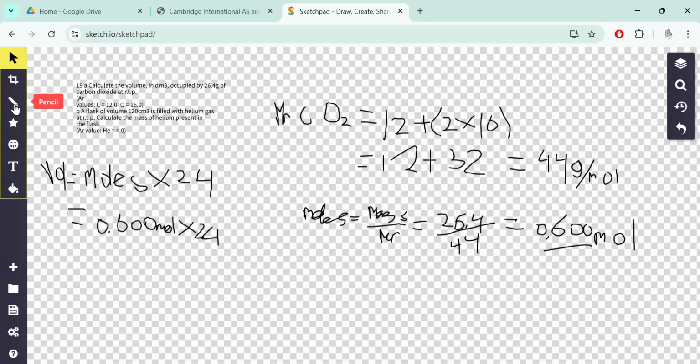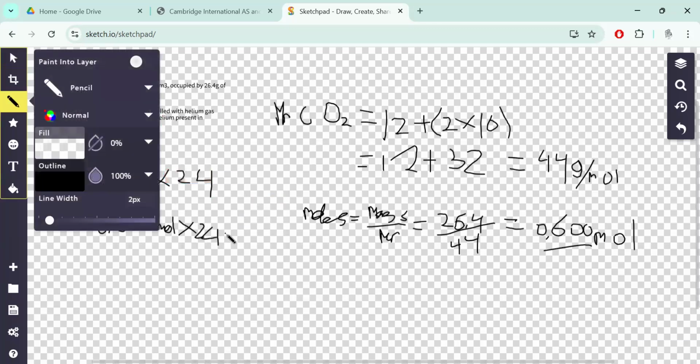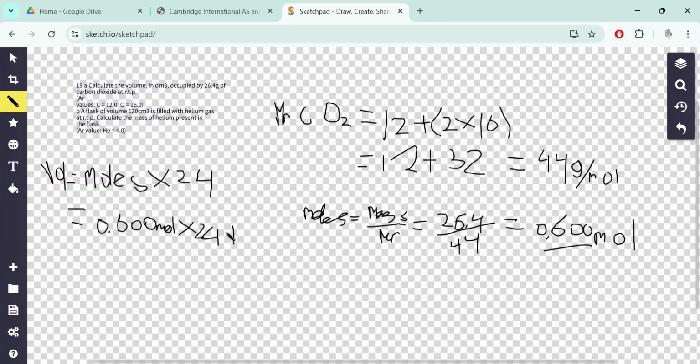Yeah, it will be 24 decimeter cube per mole.